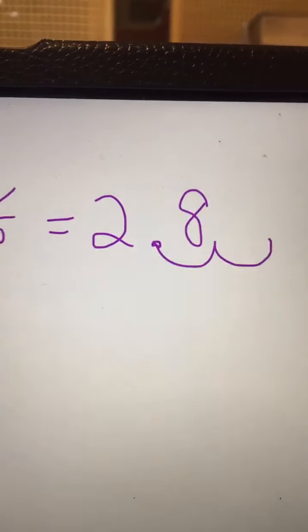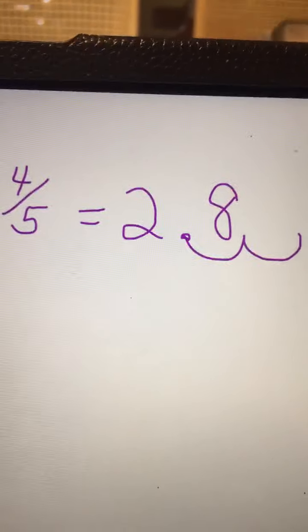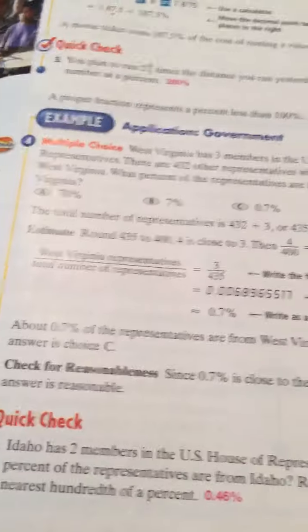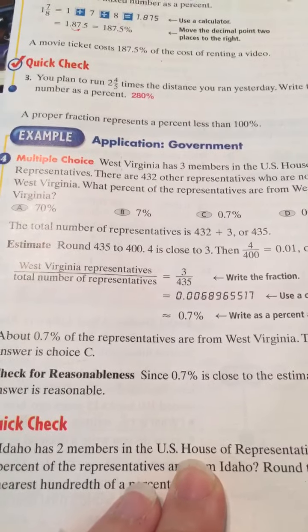I want you to look at quick check number 4. Okay, all right, so they're talking about the government, House of Representatives. And the first one is talking about West Virginia, but they give you some information up there that we need for quick check number 4.